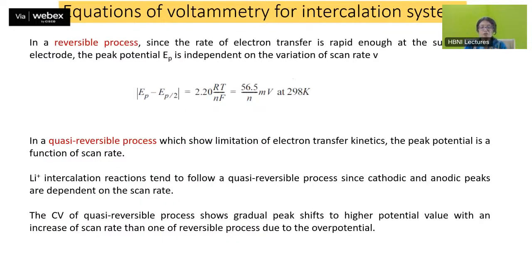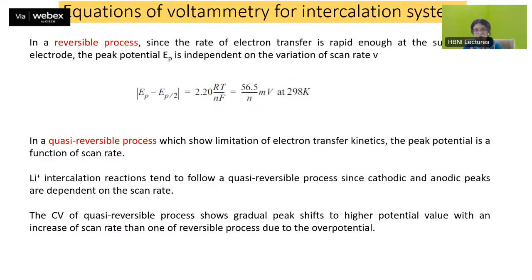Now in a reversible process, since the rate of electron transfer is very rapid at the surface of the electrode, the peak potential EP is going to be independent of the variation of the scan rate. This is in a reversible process. But the moment you have a quasi-reversible process, this shows limitation of electron transfer kinetics, and then the peak potential is going to become a function of the scan rate.